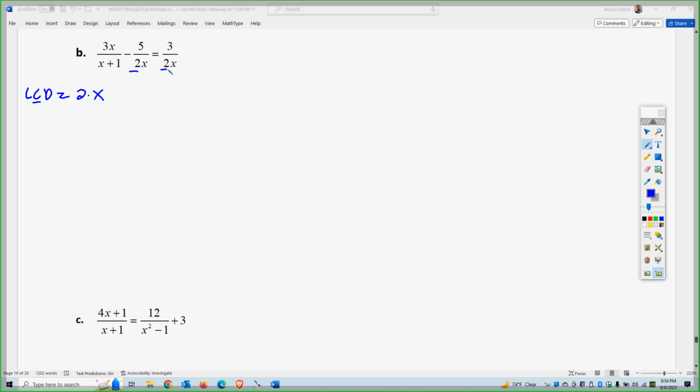They have a 2 in common and an x in common. What's left over is an x plus 1. Okay, so some monomials and a binomial there. All right, I'm going to rewrite it: 3 over x plus 1 minus 5 over 2x and 3 over 2x.